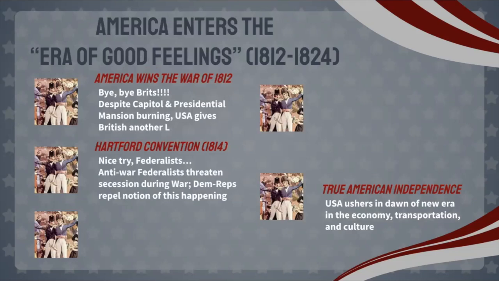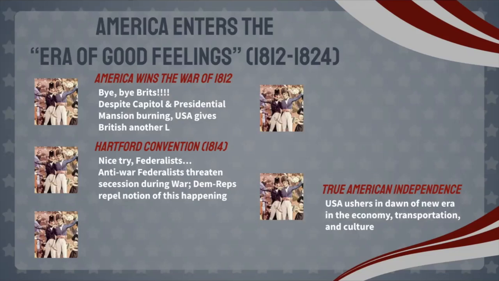They merged forces in Hartford, and the idea being that they wanted to put some pressure on the Dem Reps to ultimately sign a treaty to end the war with the British. The Federalists failed at this in this moment. They did not succeed at the Hartford Convention, and the Dem Reps saw this as betrayal.